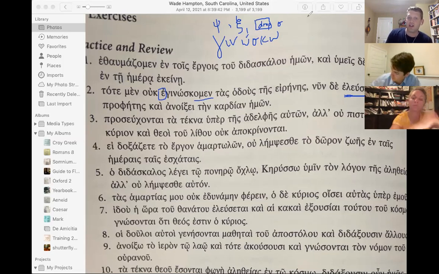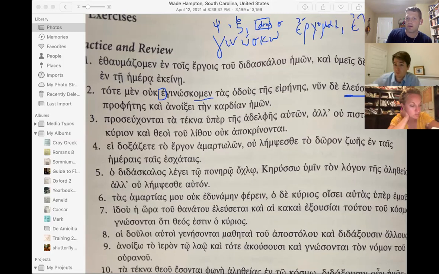So they're telling you that the second principal part of erchomai is eleusomai. And this is one of these tricky ones, a verb that looks totally different, a pretty radical stem change, but there it is.